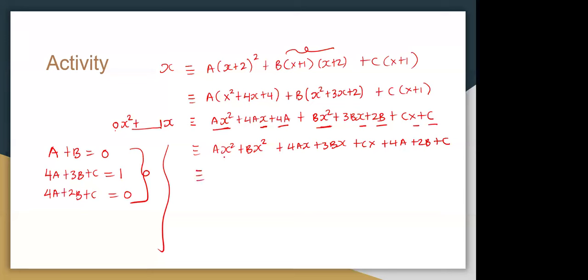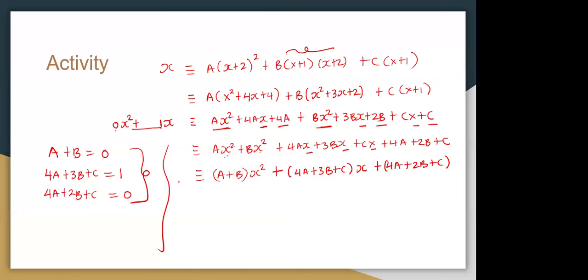Now when you come here, you notice x squared and x squared is common. So I can remove it. So I can say a plus b, everything into x squared. Then when I come here, x is common, x is common, x is common. I can remove it. So I have 4a plus 3b plus c, everything into x. Then here I remain with 4a plus 2b plus c.